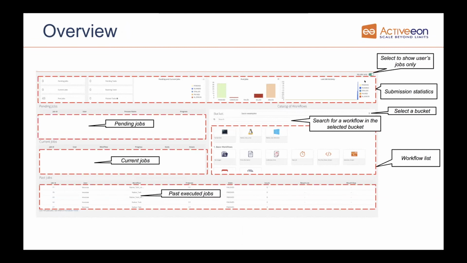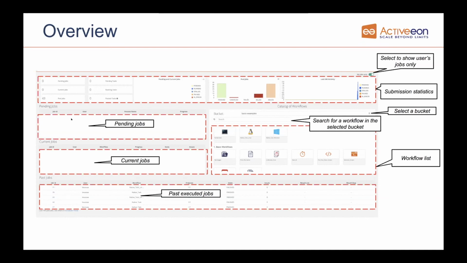These statistics and metrics are related to the current user, I mean the user who is connected to the portal. But we can, of course, switch this toggle button to see the statistics of all users, all the users connected to the platform.